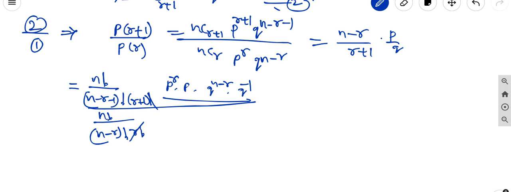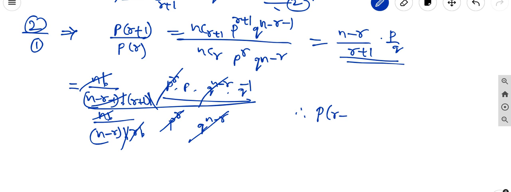R factorial gets cancelled, as does the n minus R minus 1 factorial part, and n factorial gets cancelled. So the denominator comes in the numerator and the numerator becomes the denominator. P power R and Q power n minus R cancel. We get n minus R by R plus 1 into P by Q.